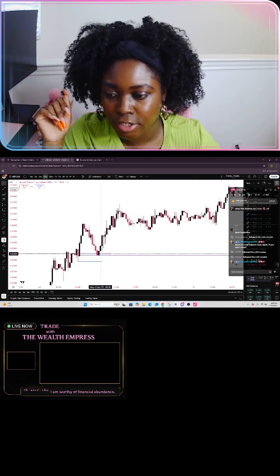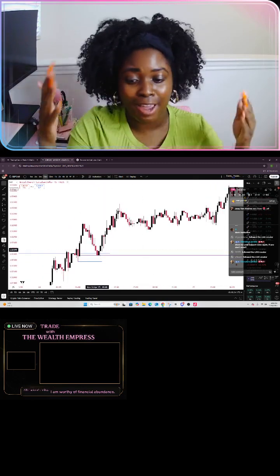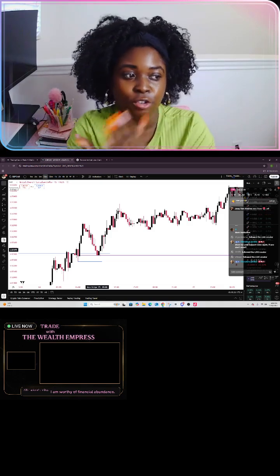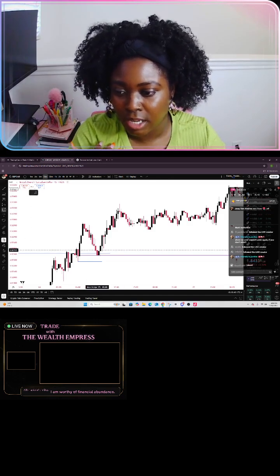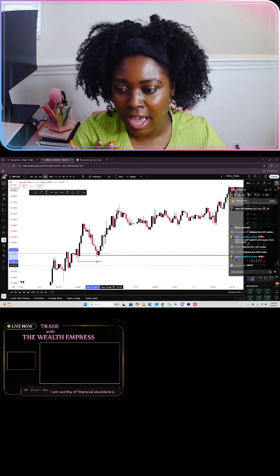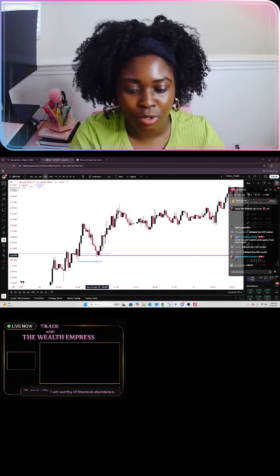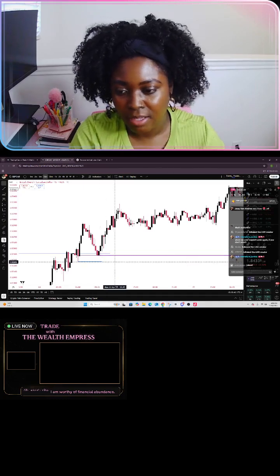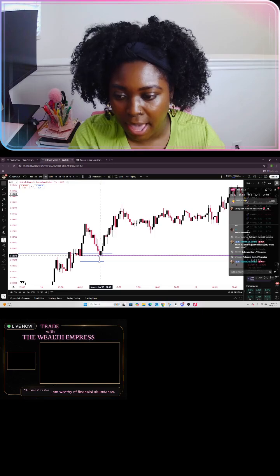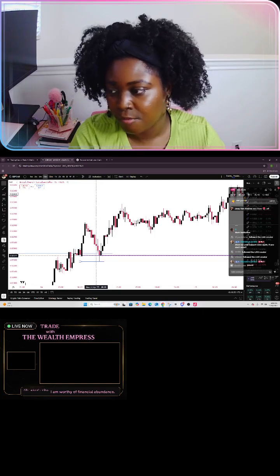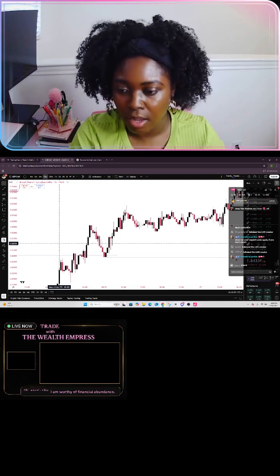You could have entered here, or candle range theory, every candle trades back into the next, right? You can take that rectangle tool again, put it on that candle, and enter at 50%. Okay? So perfectly 50% was right back on top of that order block.